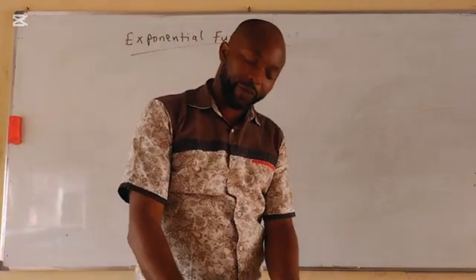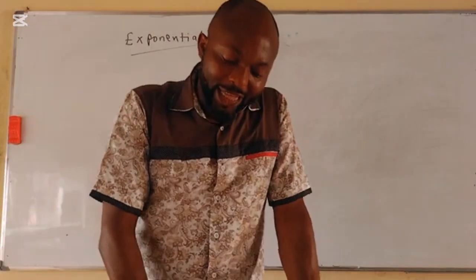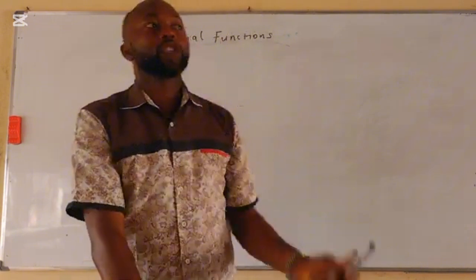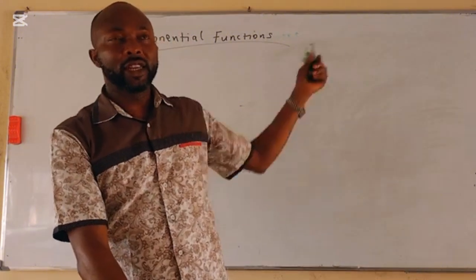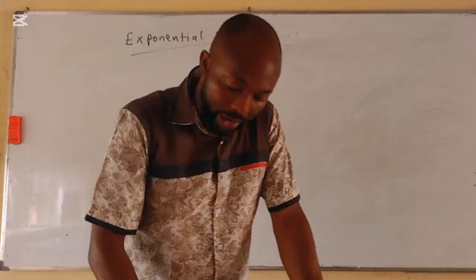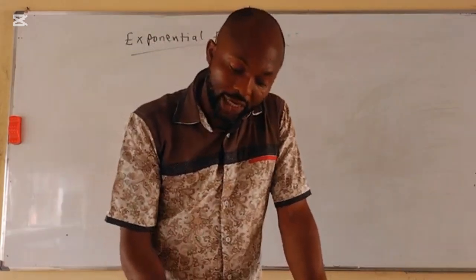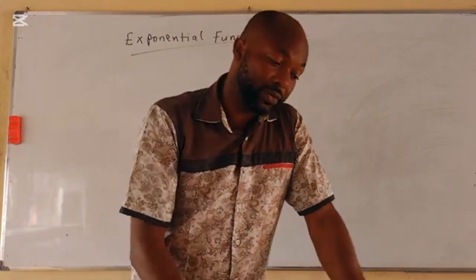In an exponential function, we say when an unknown is the index or power, like the one we just solved, where x was the unknown as the index, then it is an exponential function.